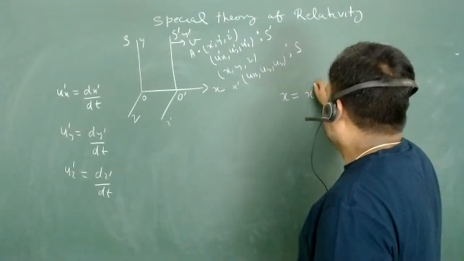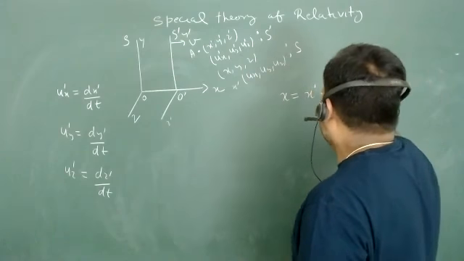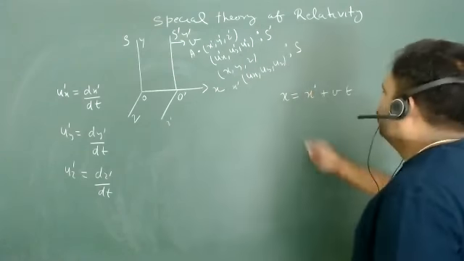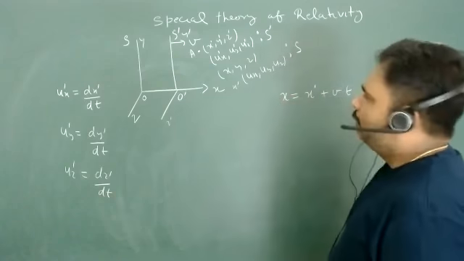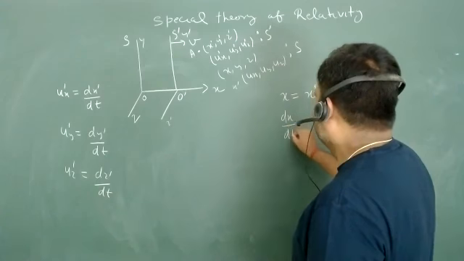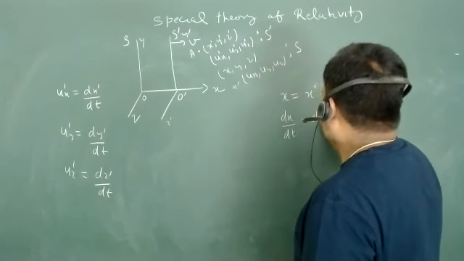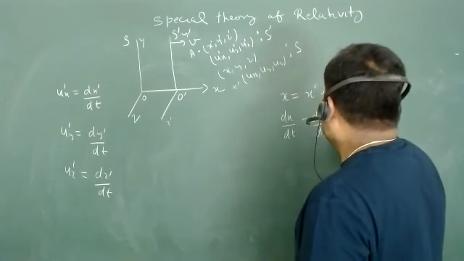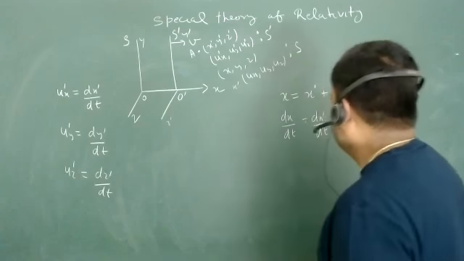So x is equal to x dash plus vt. And we can differentiate it. So we have dx upon dt is equal to dx dash upon dt plus v.